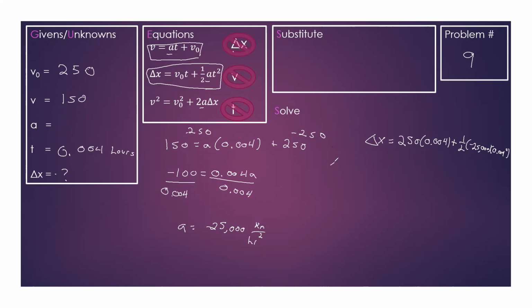I realized I was running out of room and needed the space. So I'm going to take 250 times 0.004, and that gives me 1, plus negative 25,000 times 0.5 times 0.004 squared gets me negative 0.2. So I traveled 0.8 kilometers, or 800 meters.